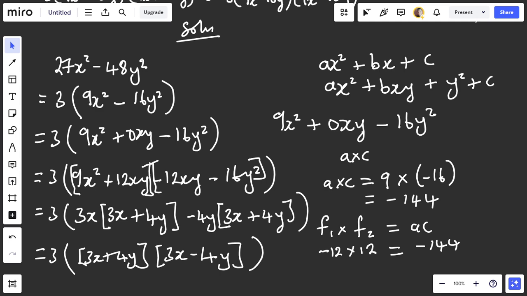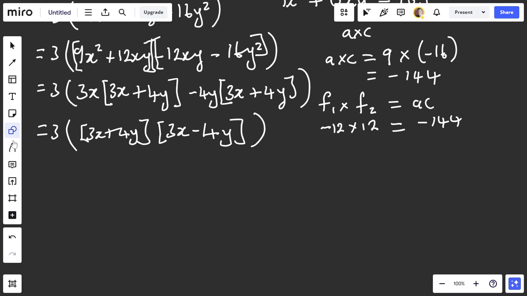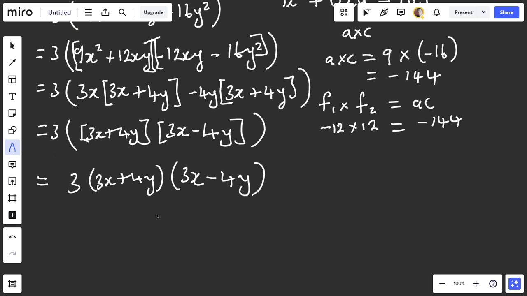So our final factorization has three factors: 3 times what is in this bracket times what is in this bracket. So this is 3 times (3x plus 4y) times (3x minus 4y). That is how to factorize that quadratic equation.